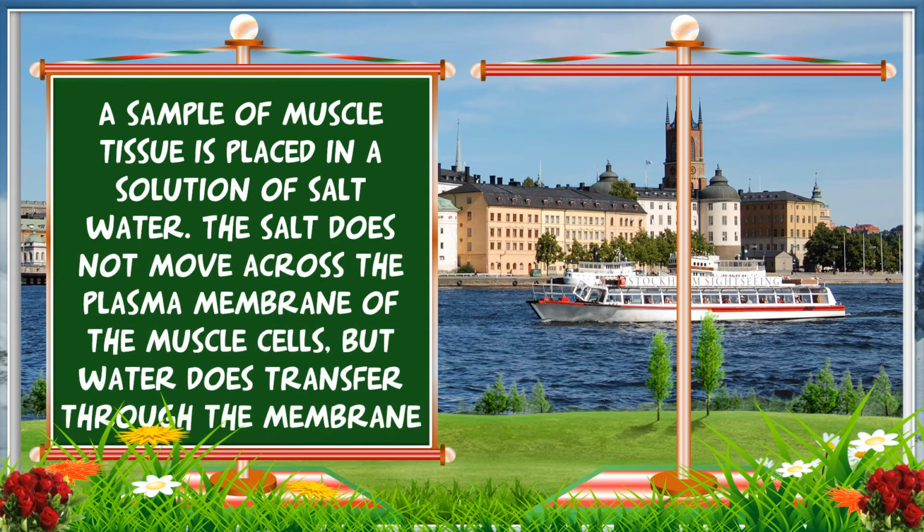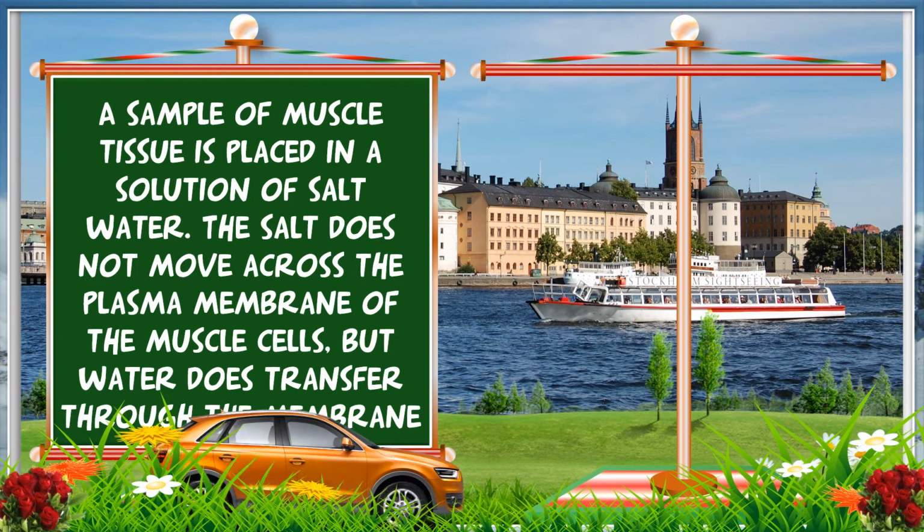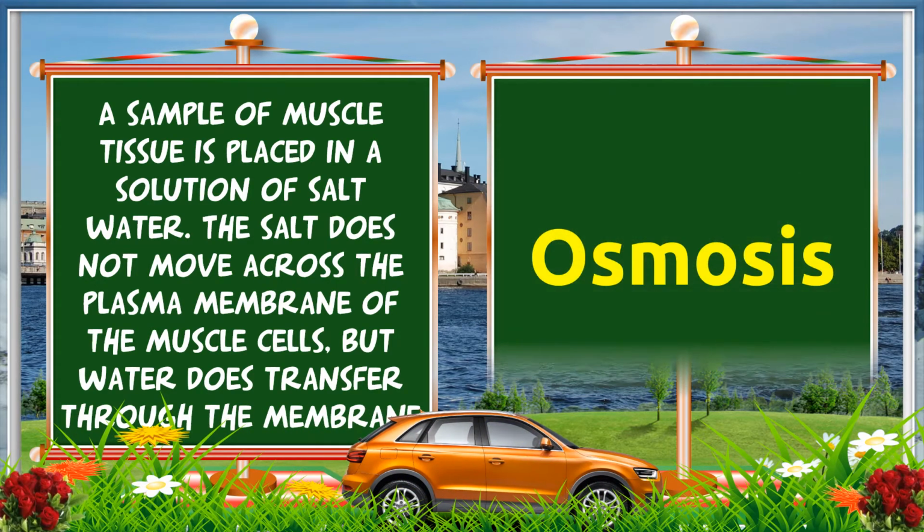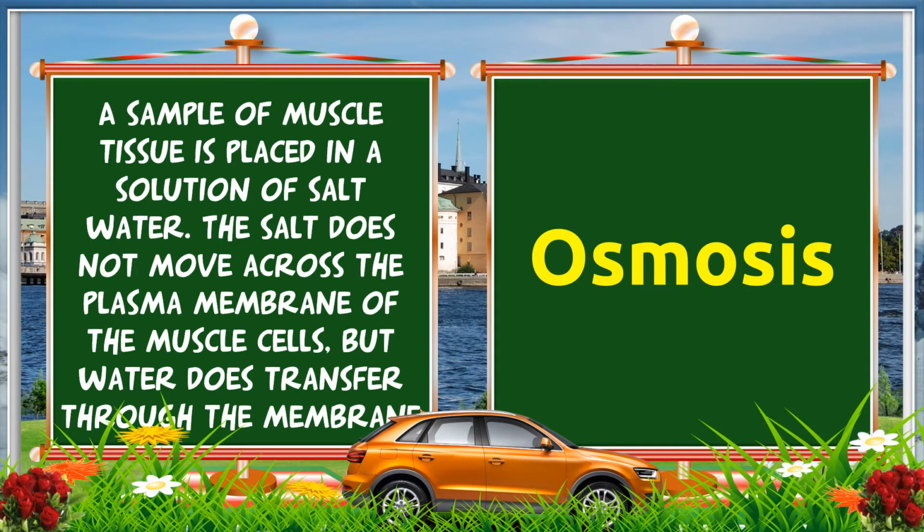A sample of muscle tissue is placed in a solution of salt water. The salt does not move across the plasma membrane of the muscle cells, but water does transfer through the membrane. Osmosis.